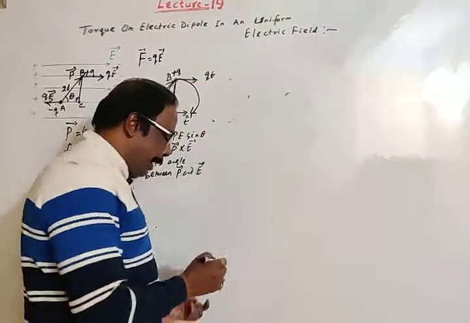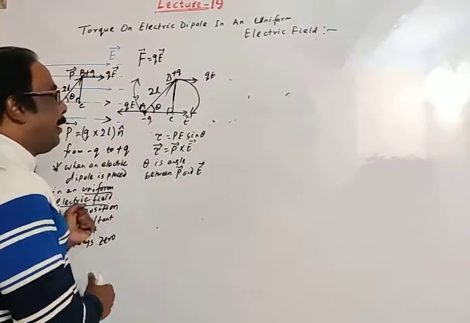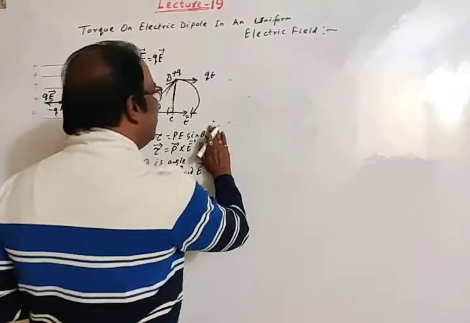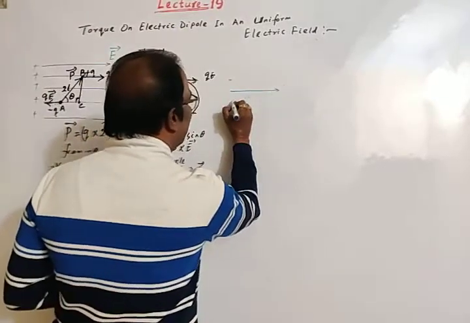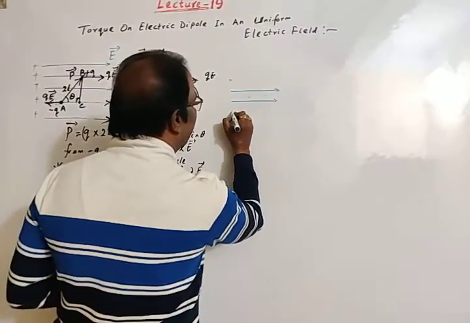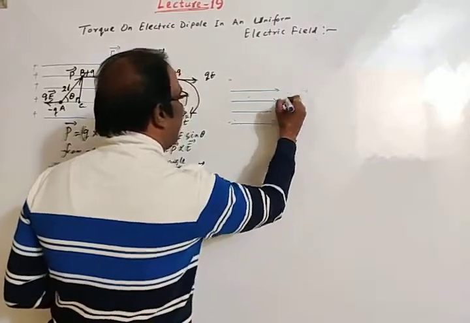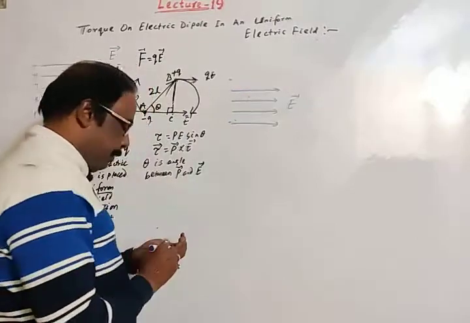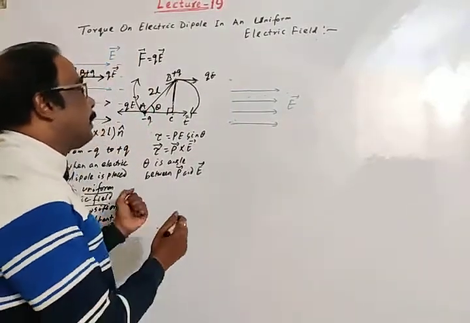Now let's represent the electric field again to get an idea about maximum, minimum and zero torque. This is a uniform electric field E. Suppose a dipole is placed parallel to the direction of the electric field.